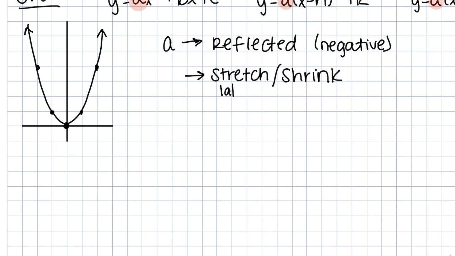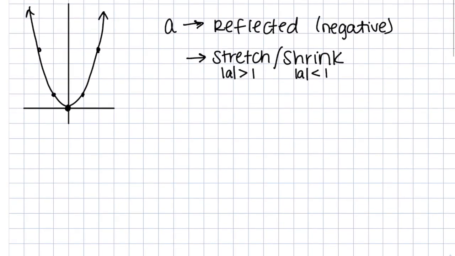In order to make things bigger, we need to multiply it by a number that's bigger than 1. And then to shrink it, the absolute value of a, again, because we don't care if it's positive or negative, needs to be less than 1, and greater than 0.